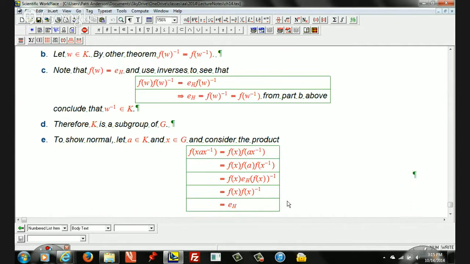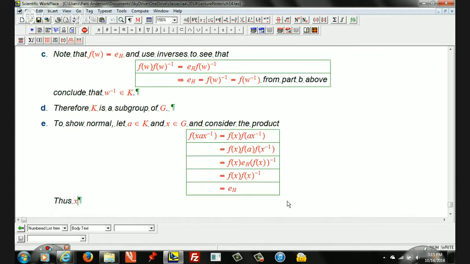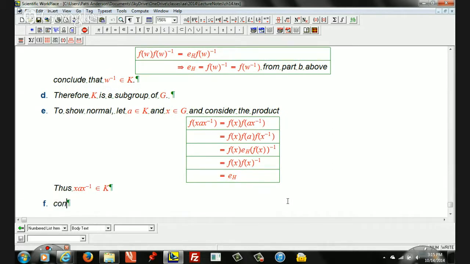What's your conclusion? Thus X A X inverse is in K. And conclude that K is normal. Yep, and we are done.